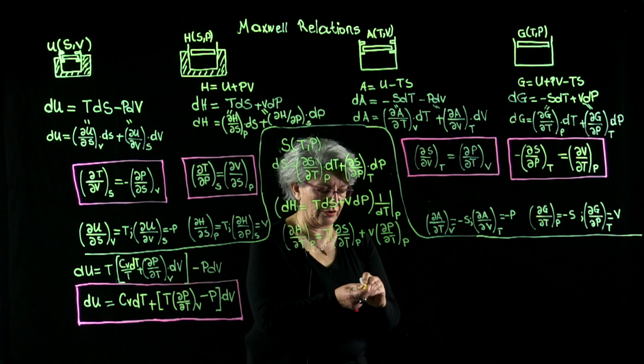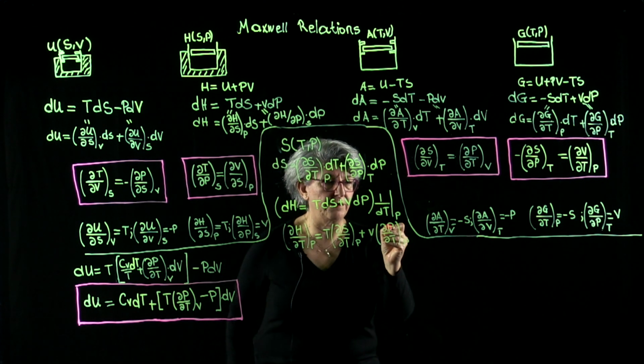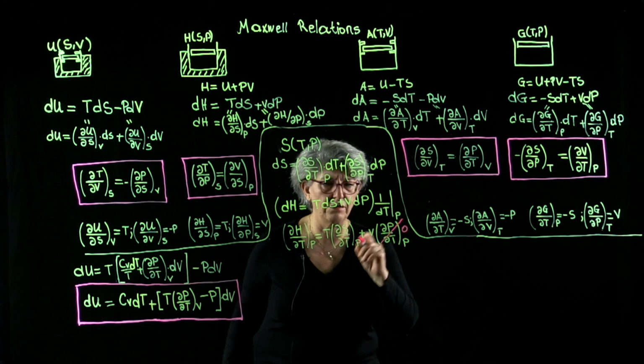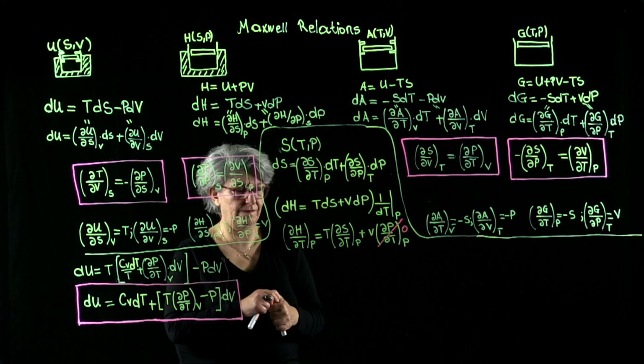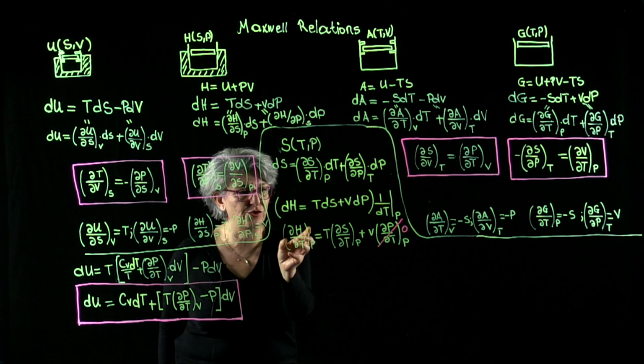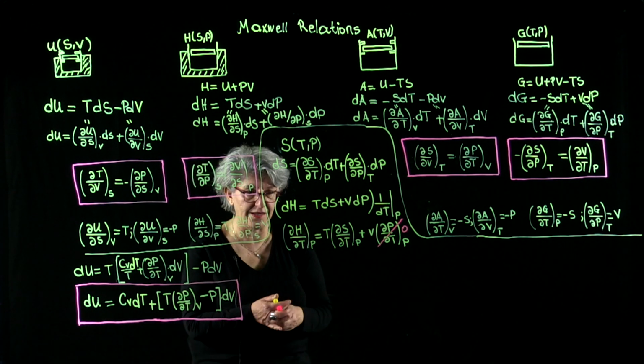And of course, pressure is constant, so this goes to 0. Del S over del T at constant pressure is 1 over T del H over del T at constant P.